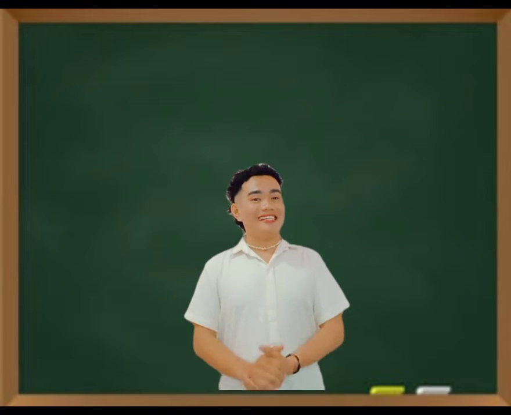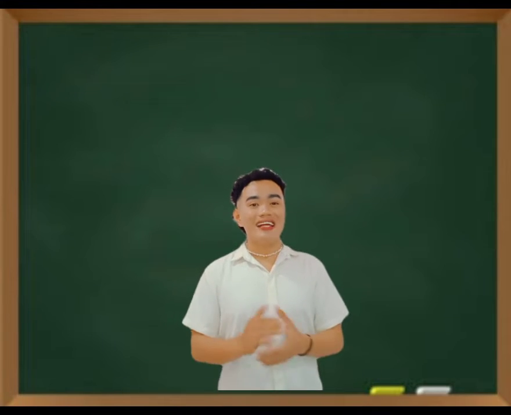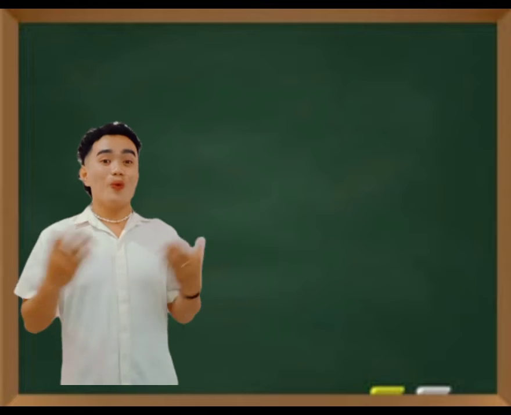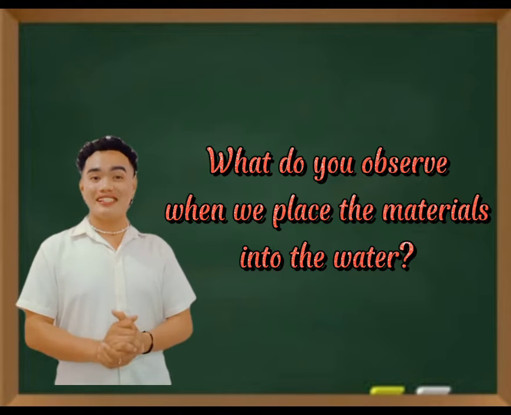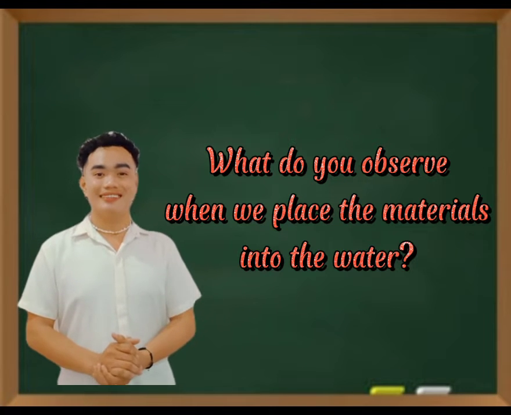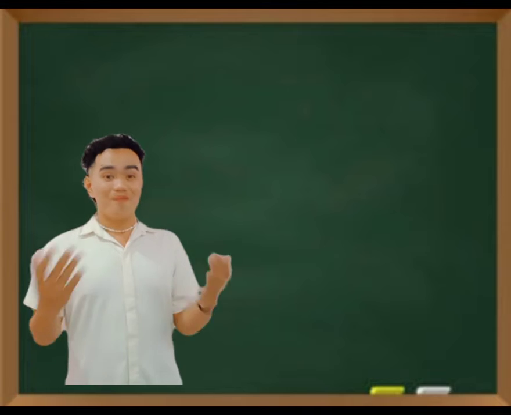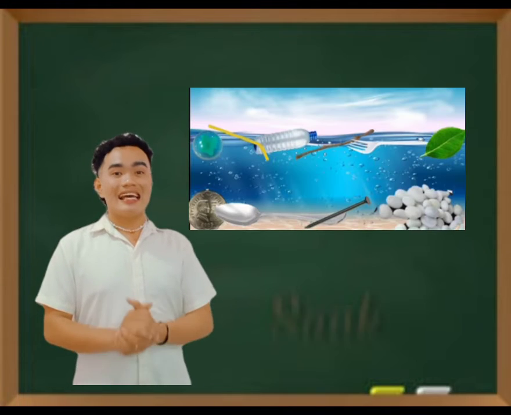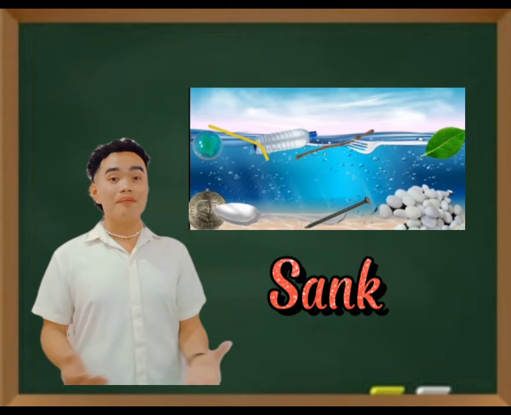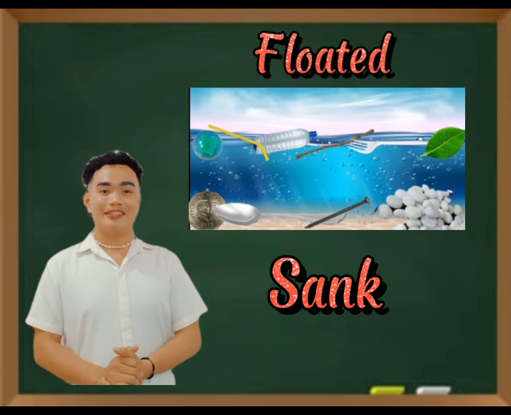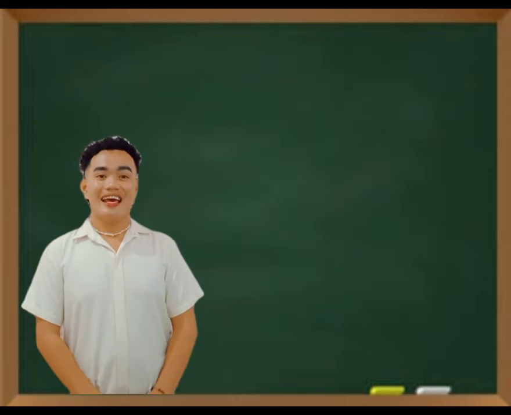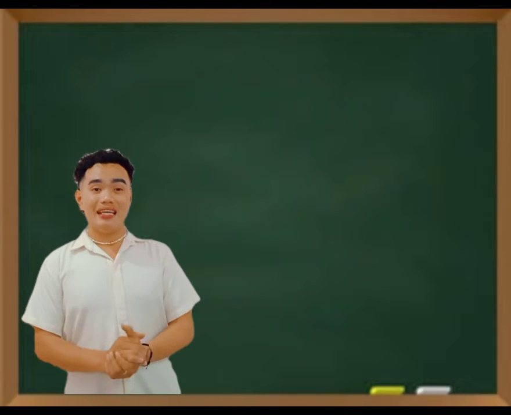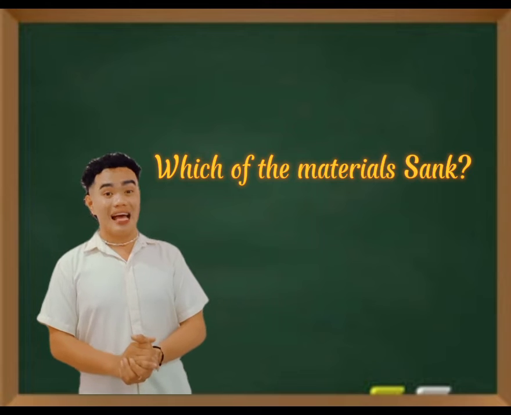Based on the activity that we did, let's try to answer this. What do you observe when we place the materials into the water? Very good. Some things sink into the water and some things float on the water. Which of the materials sank?